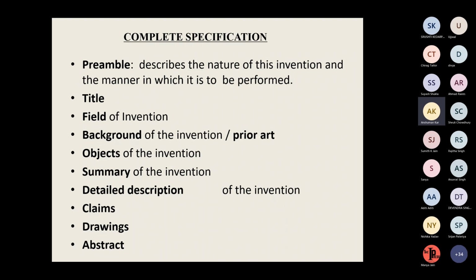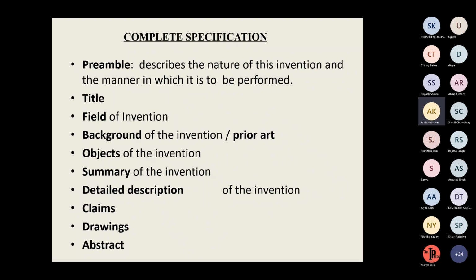My title of invention is this, my field is this, and A technology is already available, B technology is already available. However, there are certain problems with the prior art, or maybe there is still a need for certain advancements which my invention is bringing, and you need to explain that. So, what is the object of your invention? Then a summary, then detailed description, and claims. We already discussed that this is the most important part of your invention.